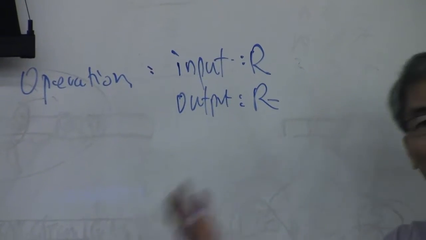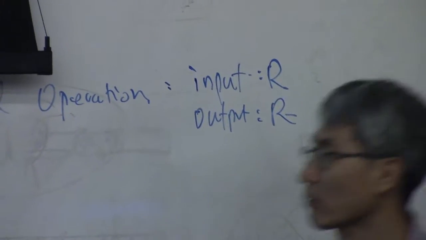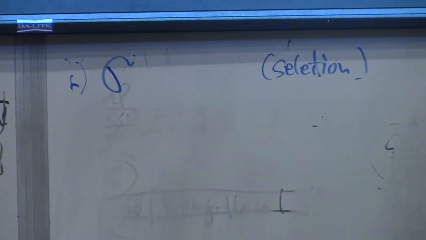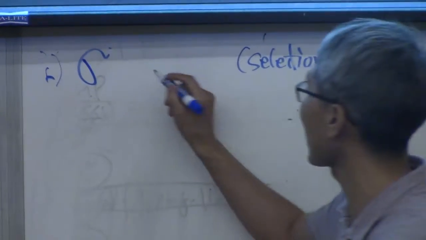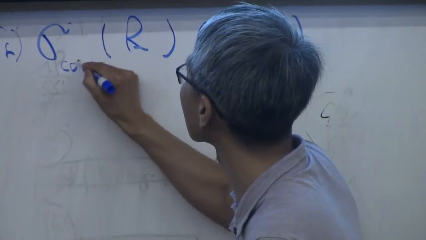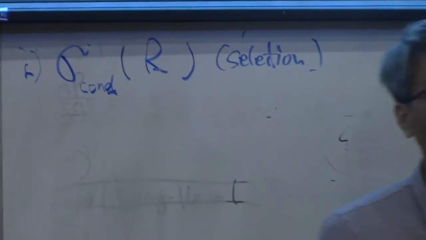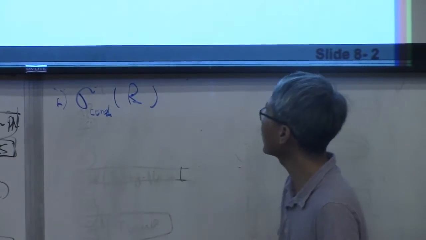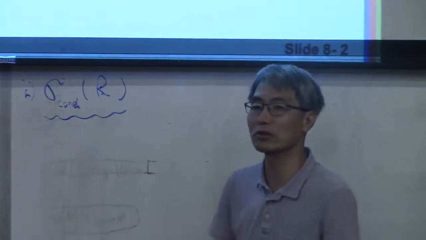Okay? Input is a relation, output is a relation. For example, our relational operation is the selection. Selection takes the relation and a condition. So input is the relation, and output is also a relation.